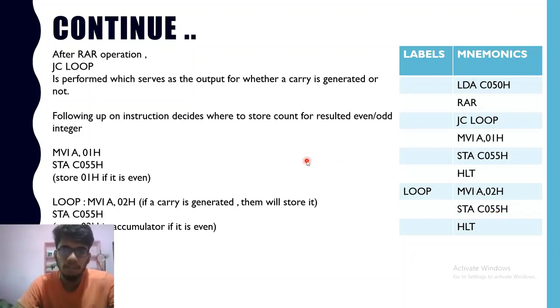Otherwise, if the result is even, then we will use MVI and store in the same location C050H, but the value stored will be 01H, which will tell that this given number is even.